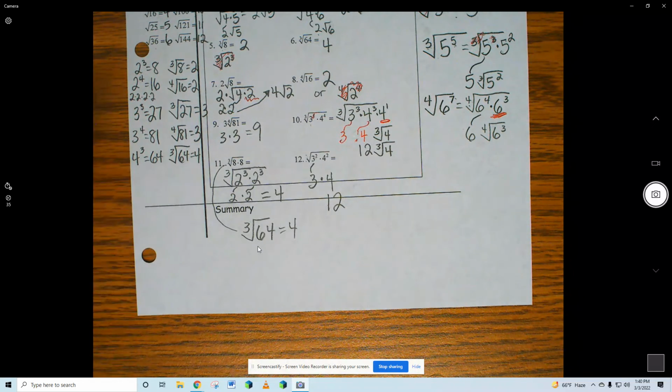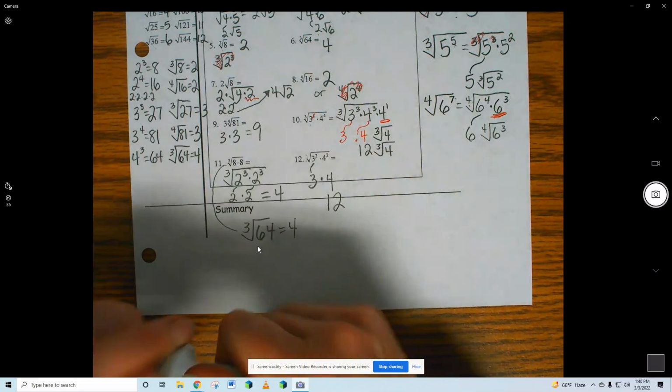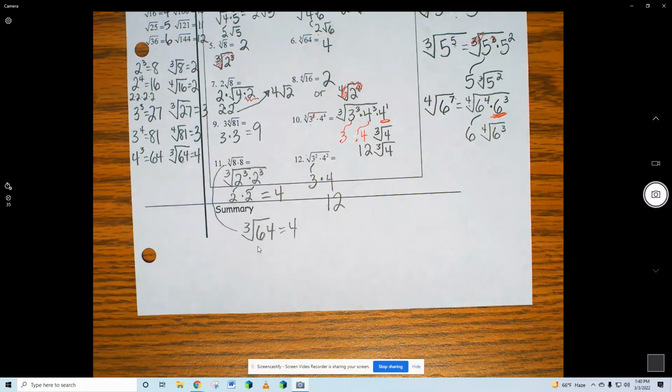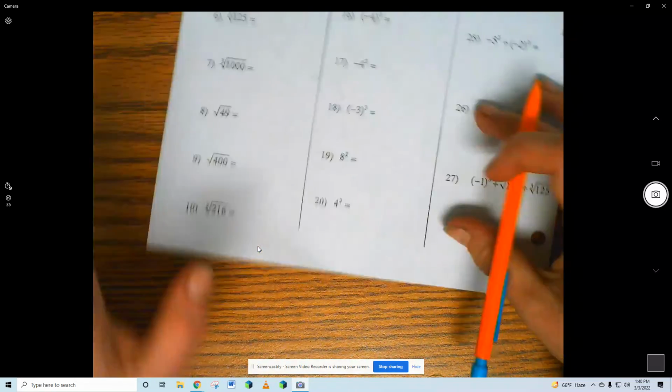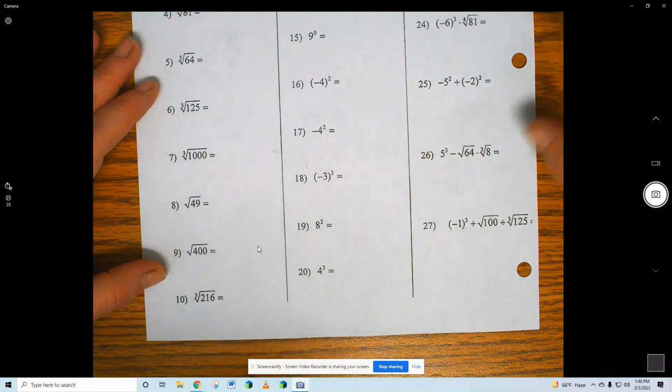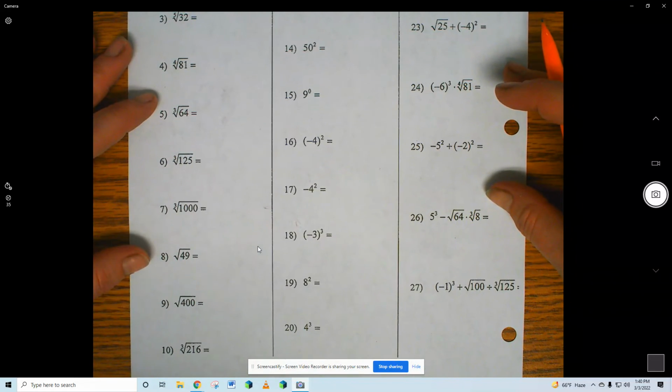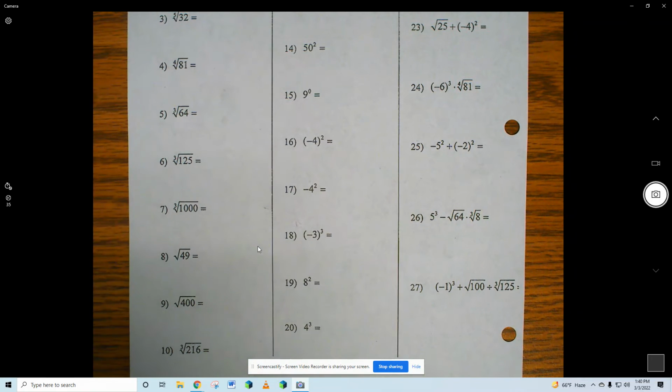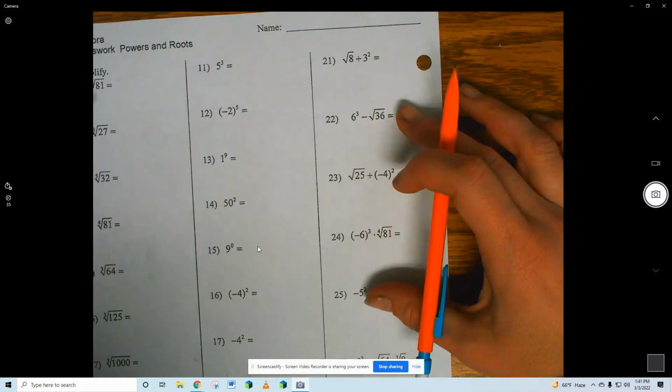So you now have 2 pages. And I want to show you a couple that, let's see. Nothing's too tricky. Maybe like 21.